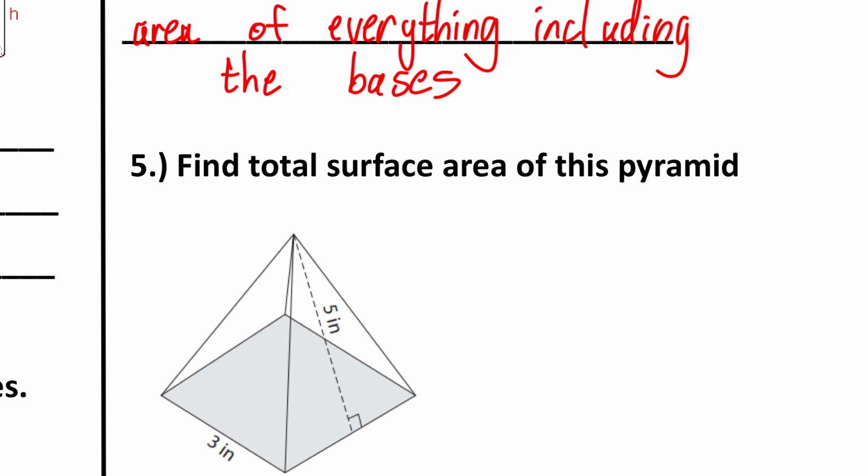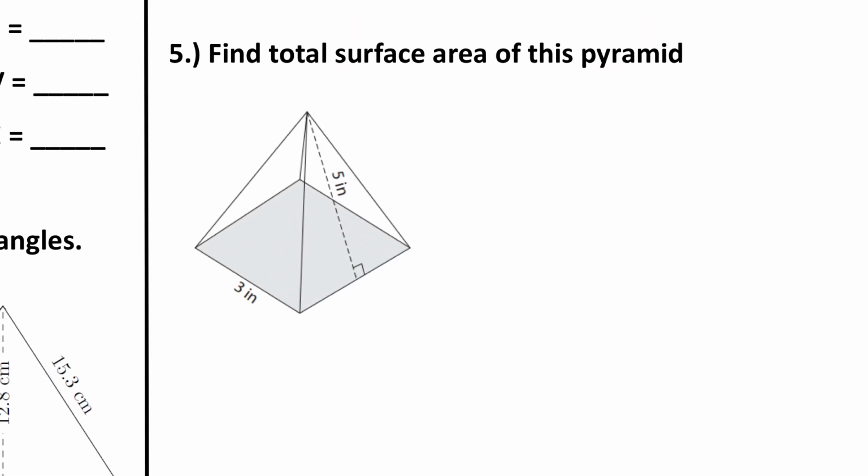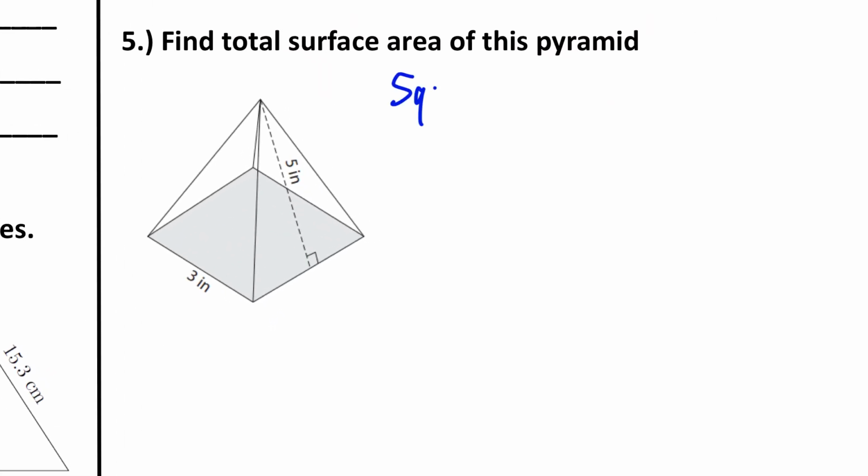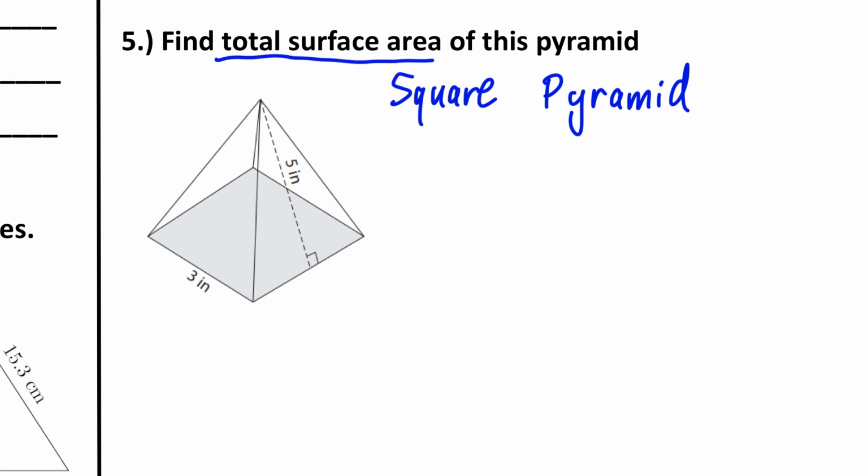Number 5. What is this thing right here? This is a square pyramid. This asks for the total surface area of that square pyramid.